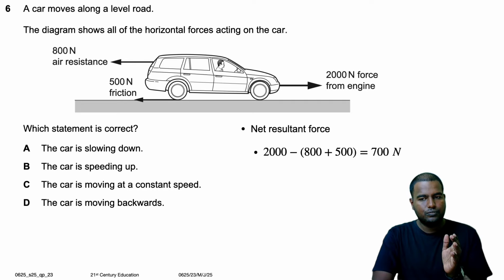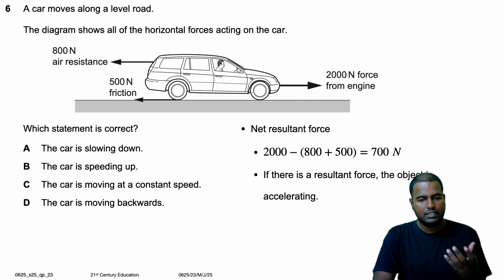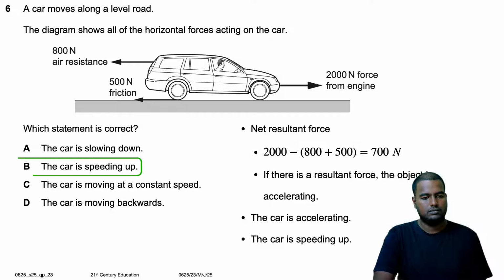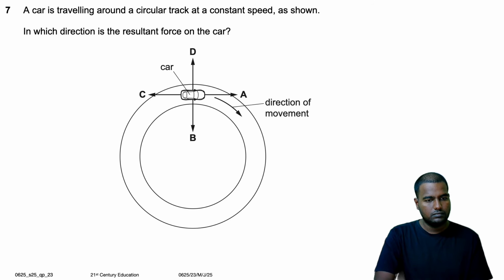So there is a resultant force, meaning that the car will accelerate, meaning the car is speeding up. So option B. When the net force is 0, or all the driving force forward is equal to all the dragging force backward, then it will be moving at a constant speed.